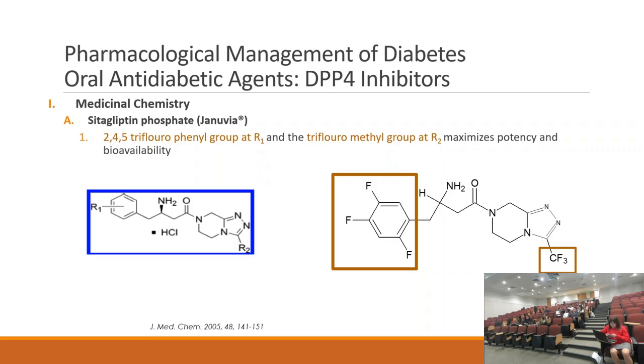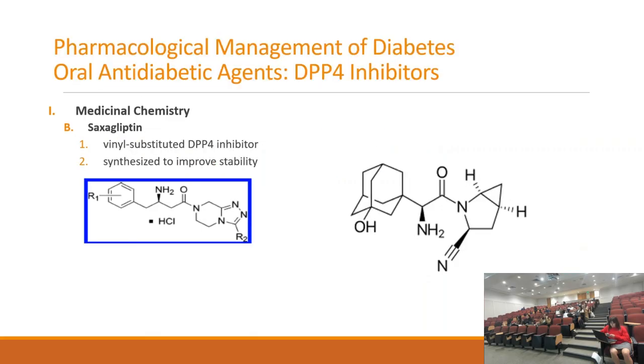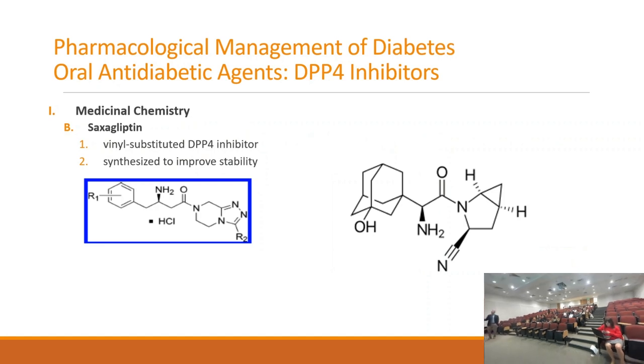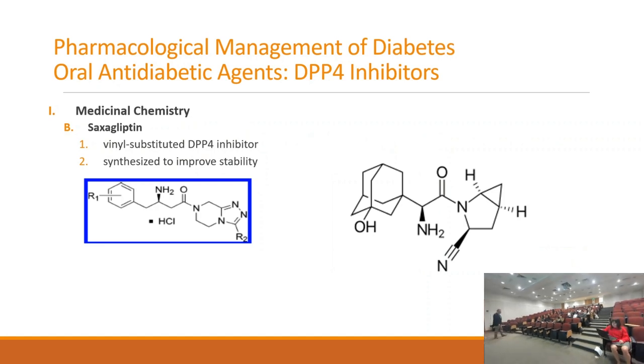The binding is going to become important because when we take a look at the other compound here, saxagliptin, it's very, very different. Saxagliptin is a vinyl substituted DPP-4 inhibitor. You can see here the R2 substitution is very different than in sitagliptin.